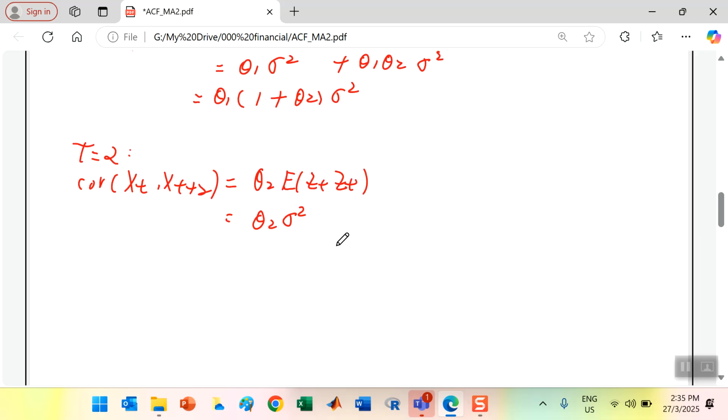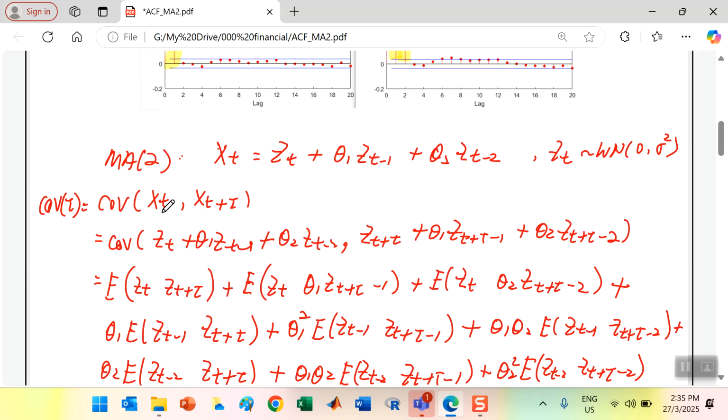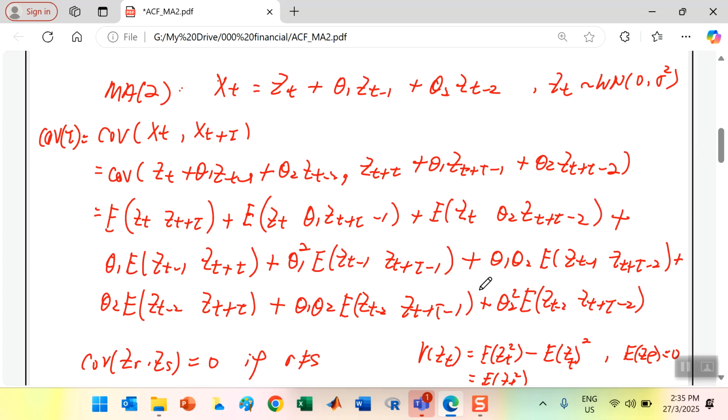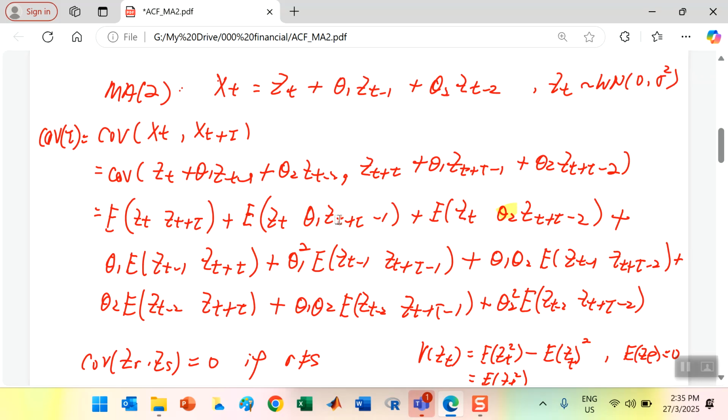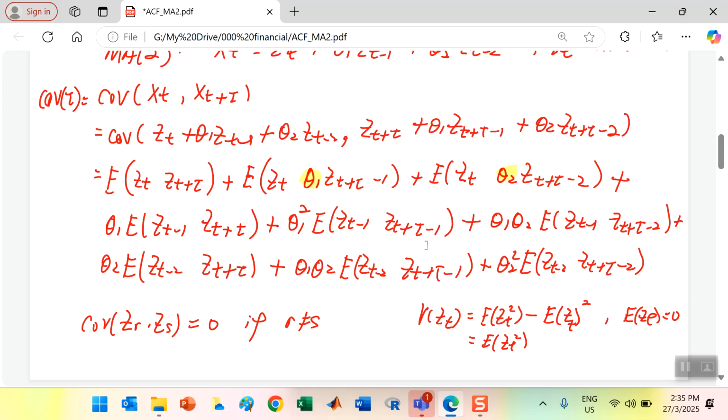So now if you substitute tau equal to 3, 4, 5 and so on, then you find, so this one should be taken out, okay? This one, because it's linear and a constant, you can take this out. Then why am I not taking out this? These are all taken out, because it's a constant, okay? The expected value. So this one you take out, this one you take out.